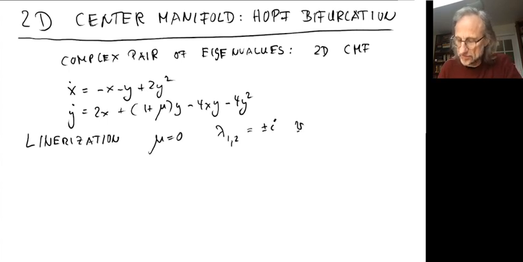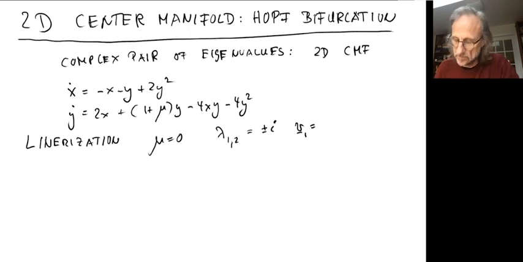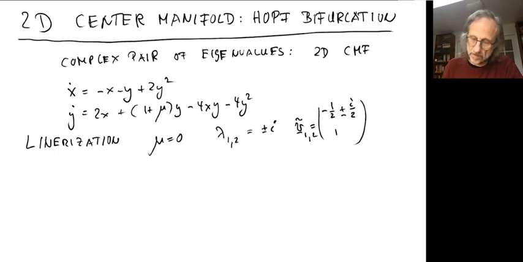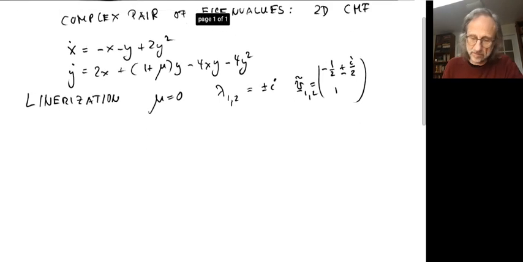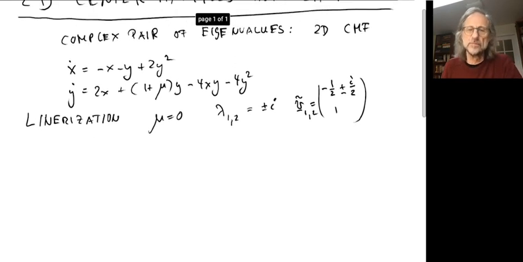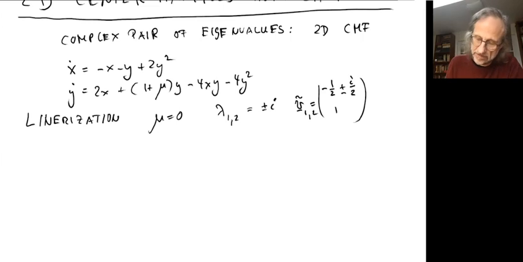And there are two eigenvectors, which if you calculate them, one is minus 1/2 plus i/2 and 1, and the other one is the complex conjugate, with a minus sign on the imaginary part. Let me call them V tilde because I'm going to use other vectors in a moment. We're interested in describing this in terms of a center-manifold, and that center-manifold is real, so we have to make real eigenvectors out of those.